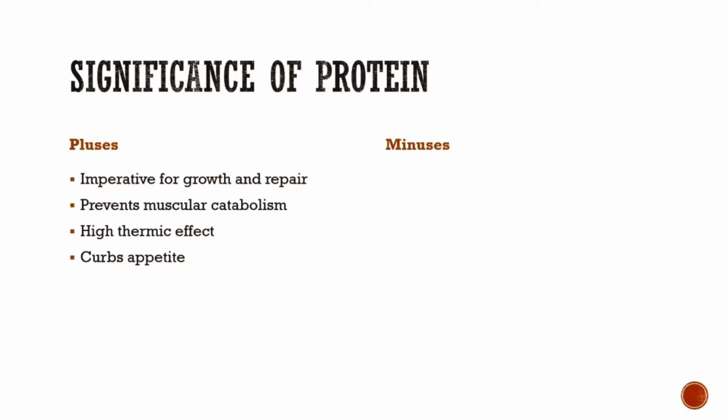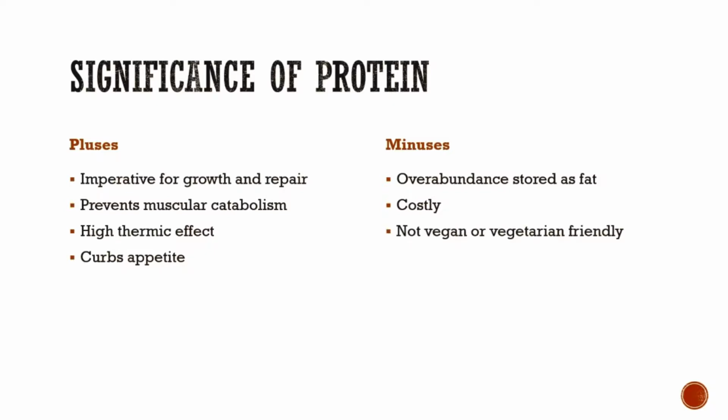There are also things I need to look out for. First, too much of a good thing can be bad, but this rule applies to calories in general and not just protein. Next, out of all the macronutrients, protein is the most expensive per unit. Not only that, it can be a challenge to find an adequate protein source for most vegans and vegetarians.